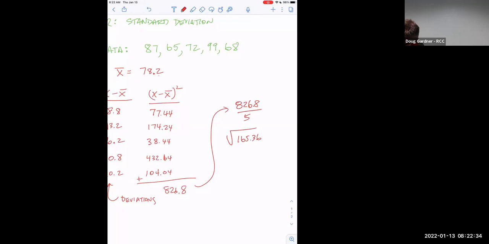You got a crazy decimal for this. Notice the symbol I'm using, an approximately equal to sign. On a test, I'm not going to say anything about rounding because I really don't care. However, there is kind of a standard to this in statistics that maybe it'd be nice to know. But notice what kind of data did we have?